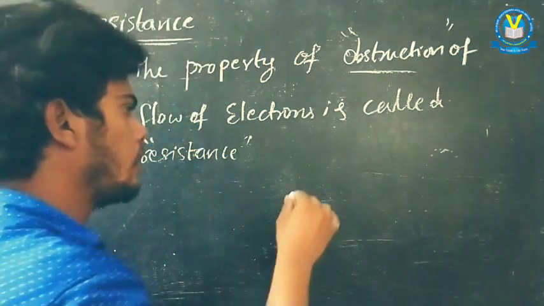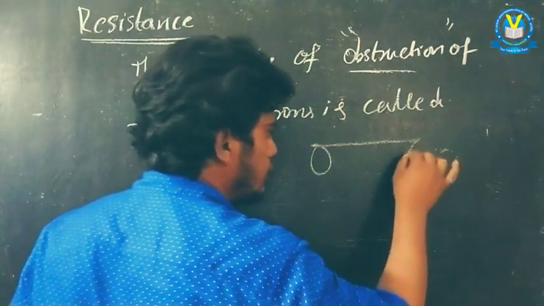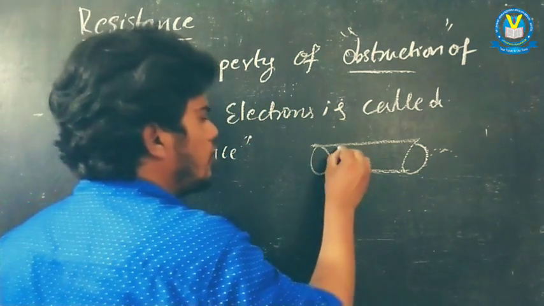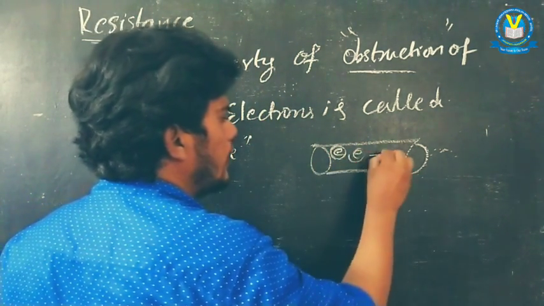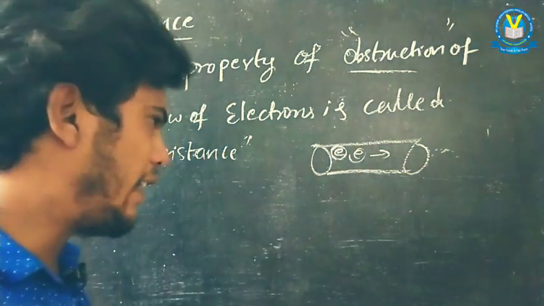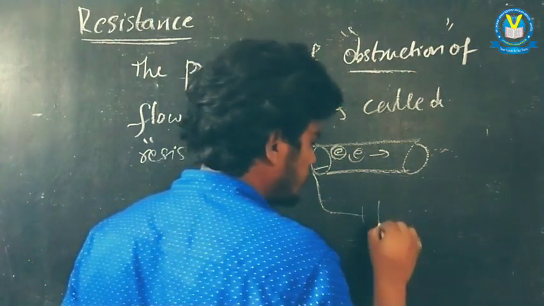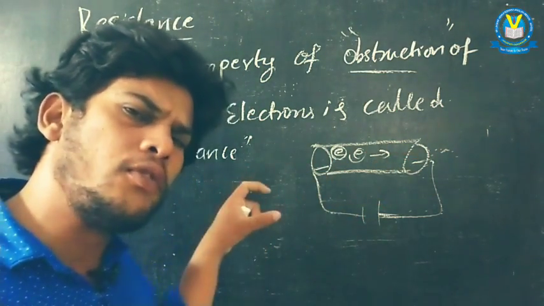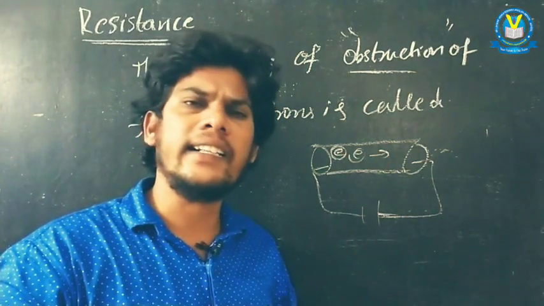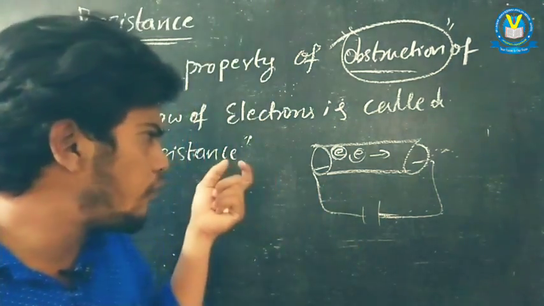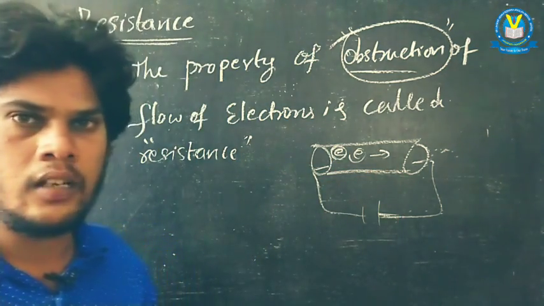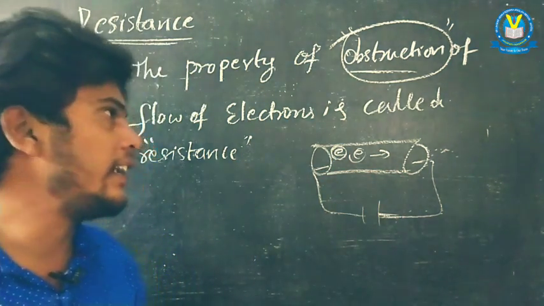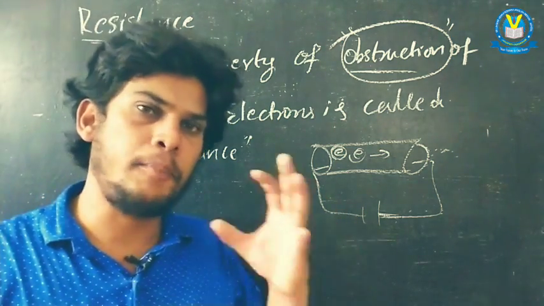For example, if you assume this is a conductor, electrons flow through a conductor when it is connected to the battery. While these electrons flow through the conductor, depending upon the nature of the conductor, that conductor has a character, a property.